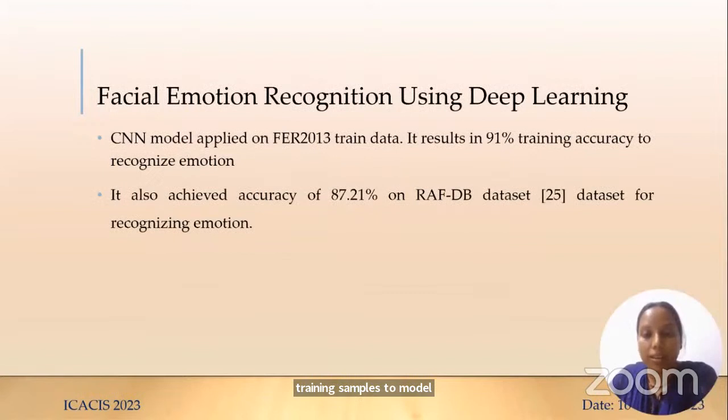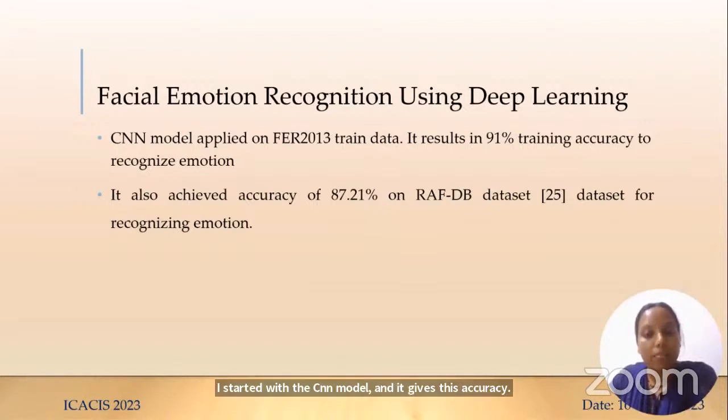So next, I considered one more dataset, the FER 2013 dataset, which has thousands of training and testing samples. When you apply the CNN, as we have a number of images, we need to apply a deep learning technique. So I started with the CNN model and it gives 91% accuracy.